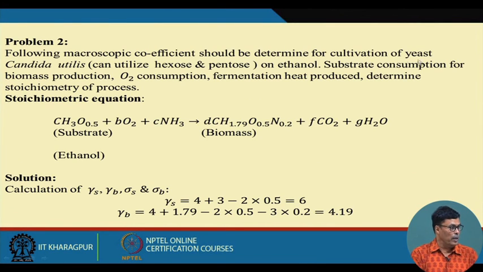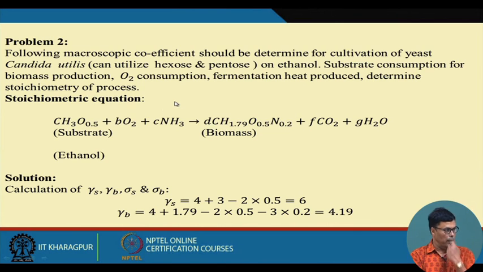Now the next problem, again, is with Candida utilis. The following macroscopic coefficients should be determined for the cultivation of the yeast. Candida utilis can utilize both hexose and pentose sugar or ethanol. Determine the substrate consumption for biomass production, oxygen consumption, fermentation heat produced, and the stoichiometry of the process.